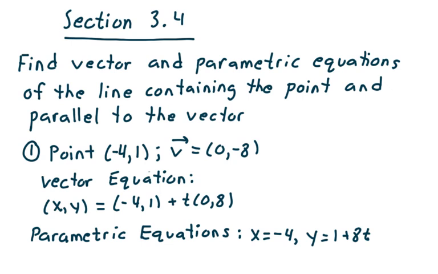To get the parametric equations, we just equate components. So notice x is equal to -4 plus 0t, right? And then y is equal to 1 plus 8t. And those are the parametric equations.